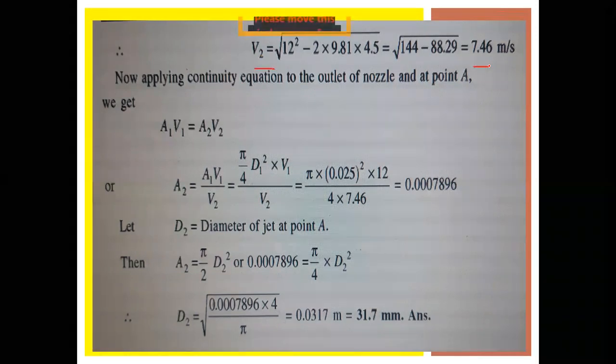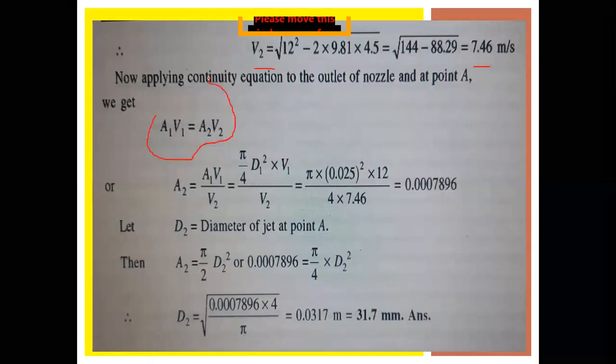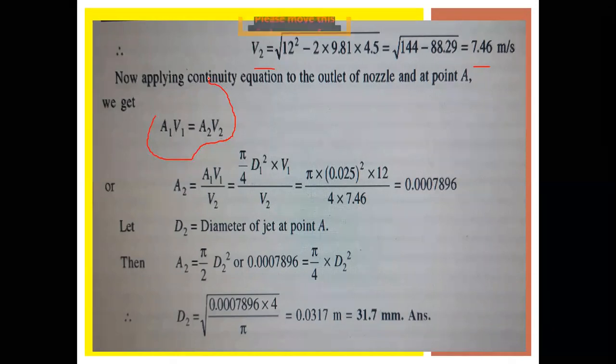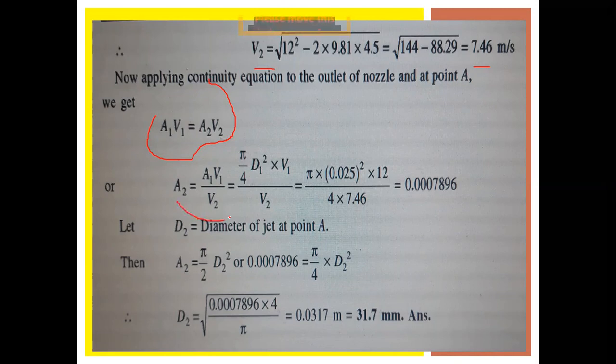Now, applying the continuity equation at the nozzle and at A, we have two sections, so A1 V1 equals A2 V2. Now substituting, A2 equals A1 V1 by V2.